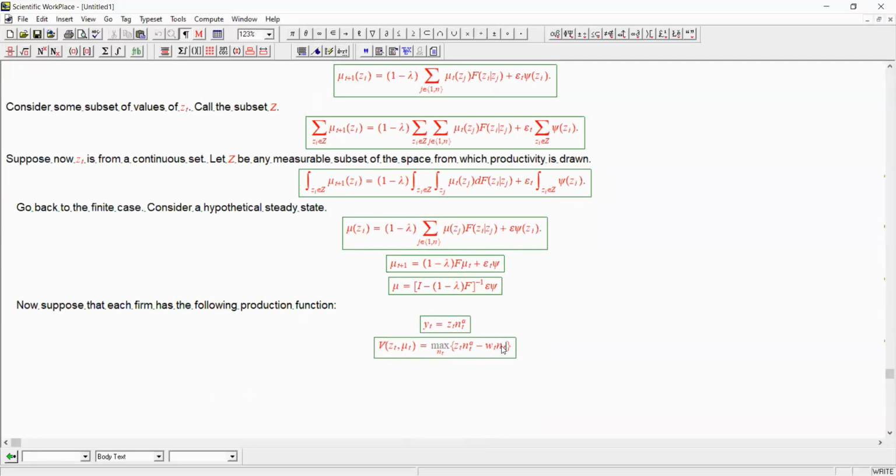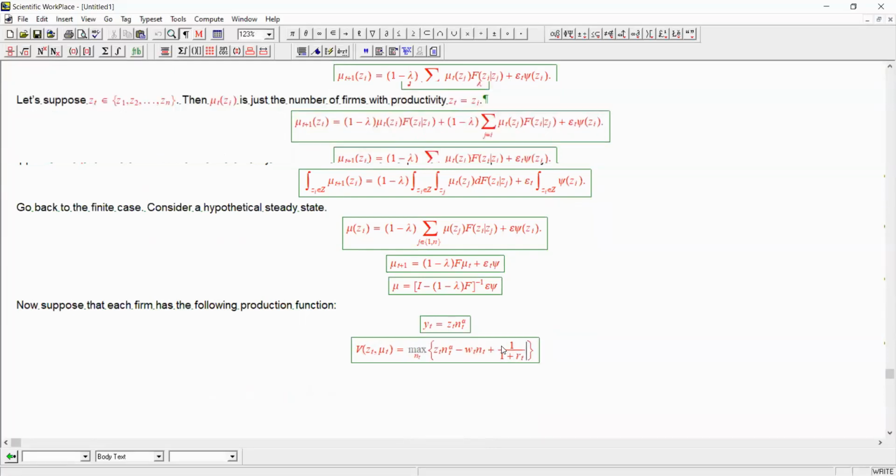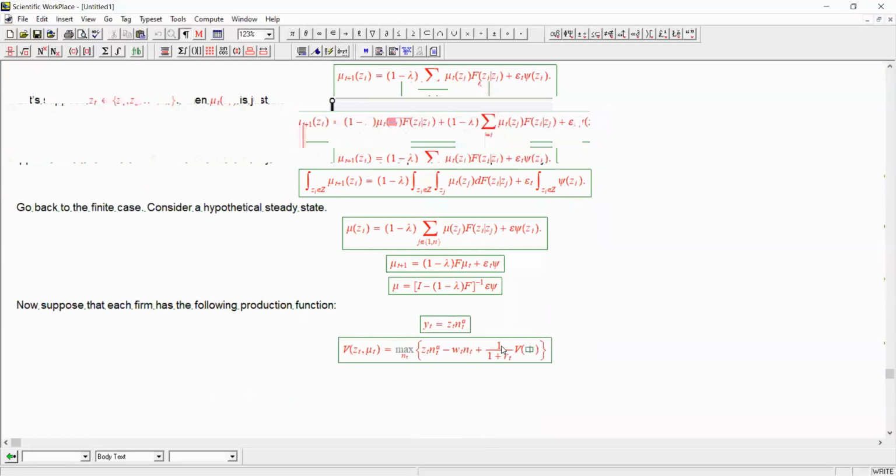And again, some discounting, or I guess more generally, there's some interest rates that it uses. Then tomorrow we have z t plus 1, mu t plus 1, and of course an expectation.